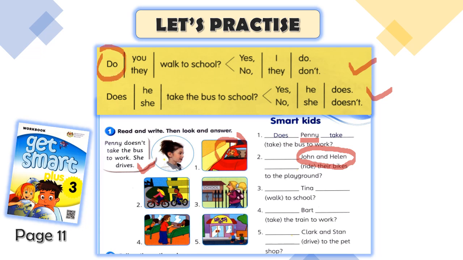So, do John and Helen ride their bike to the playground? You just read and write, then look and answer. Try to do it first.